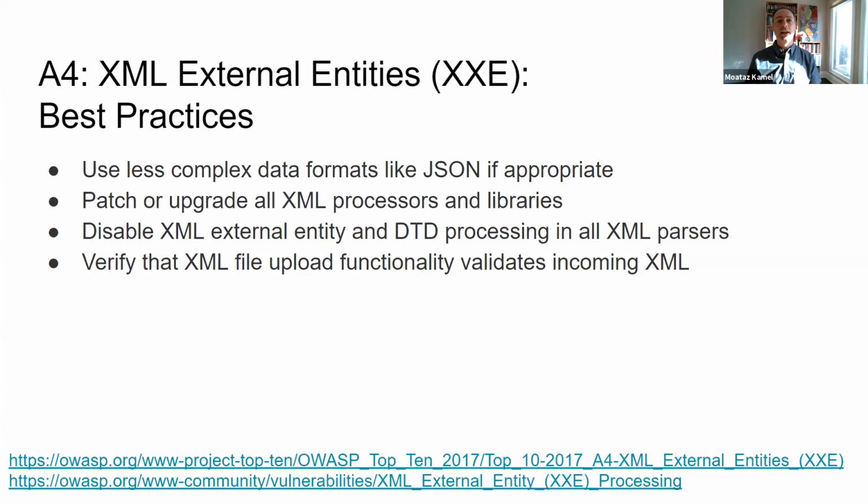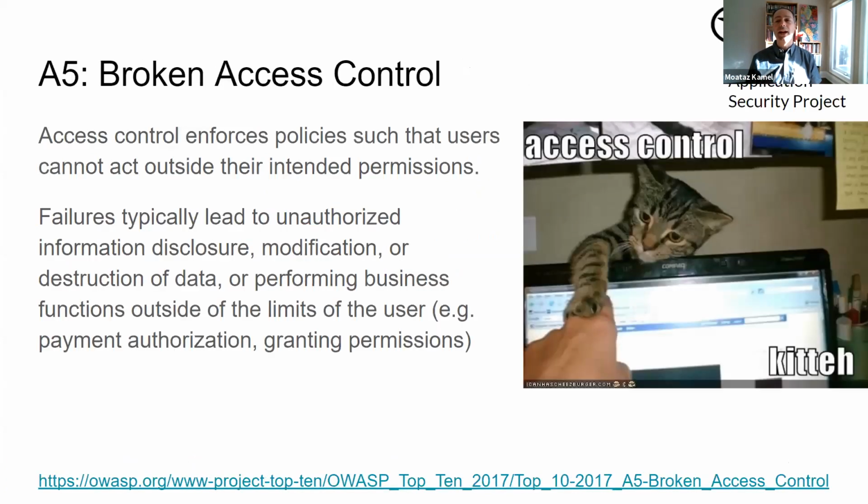So let's take a look at number 5, broken access control. So authentication, access control are both kind of parts of the same thing, which is getting access to a server and then giving access control to do certain functions. So the point of access control is to enforce that a user can only act within their permissions and not outside of their permissions.